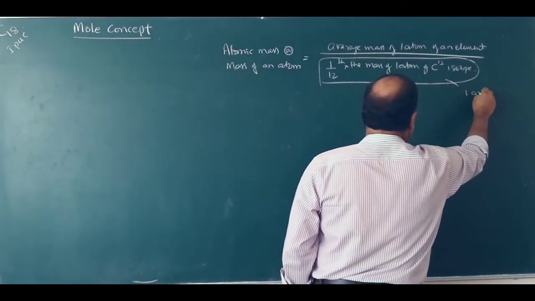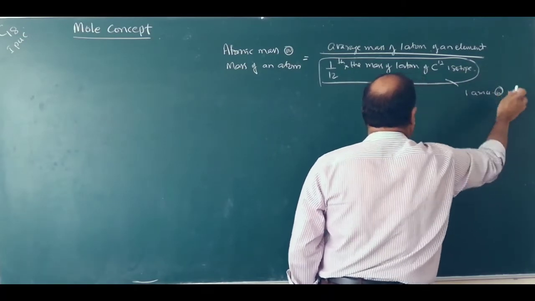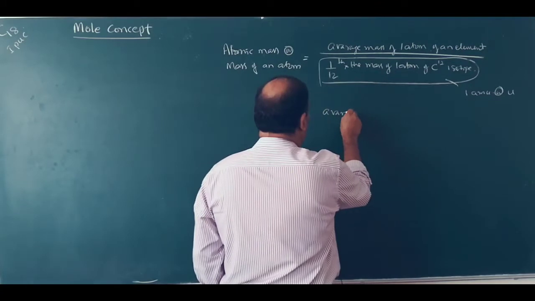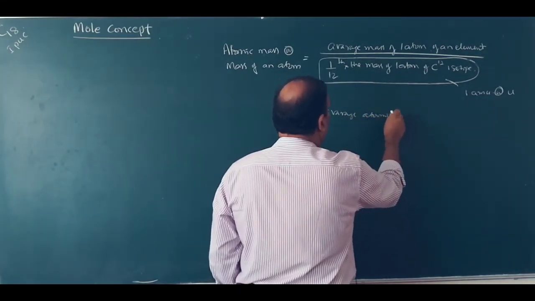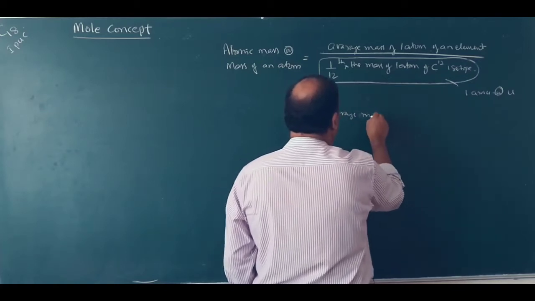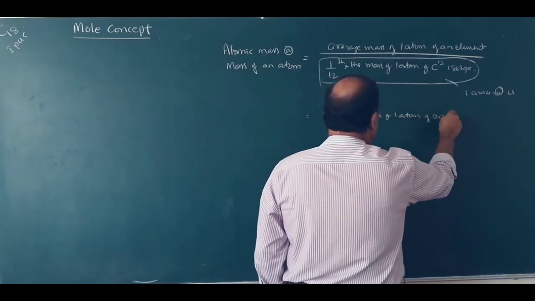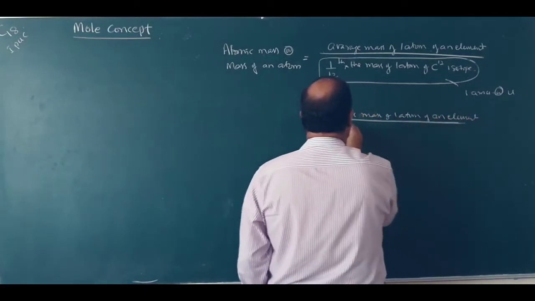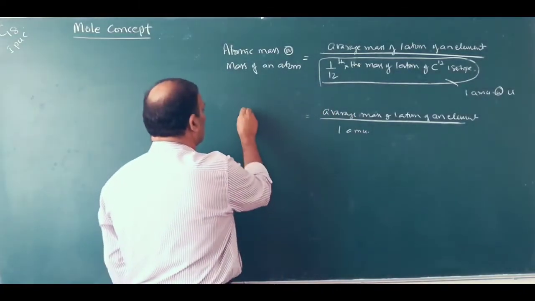The atomic mass unit has also been replaced by U. Therefore, the average mass of one atom of an element divided by one atomic mass unit, this is atomic mass.